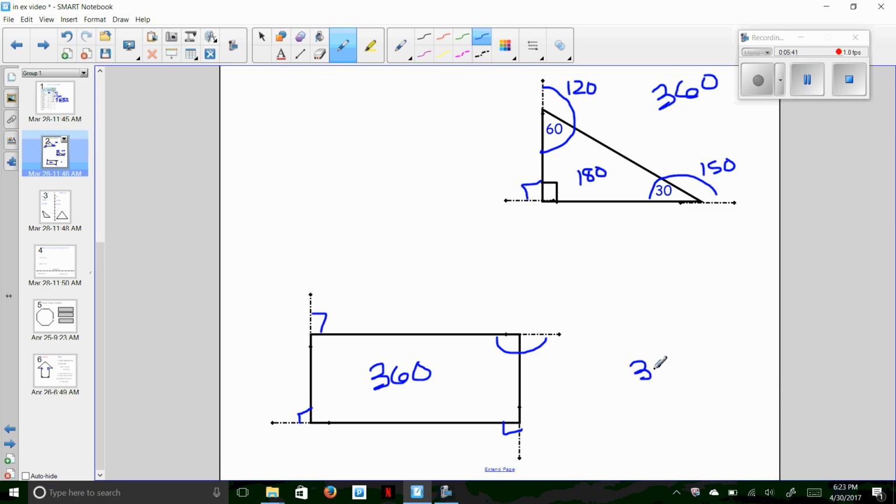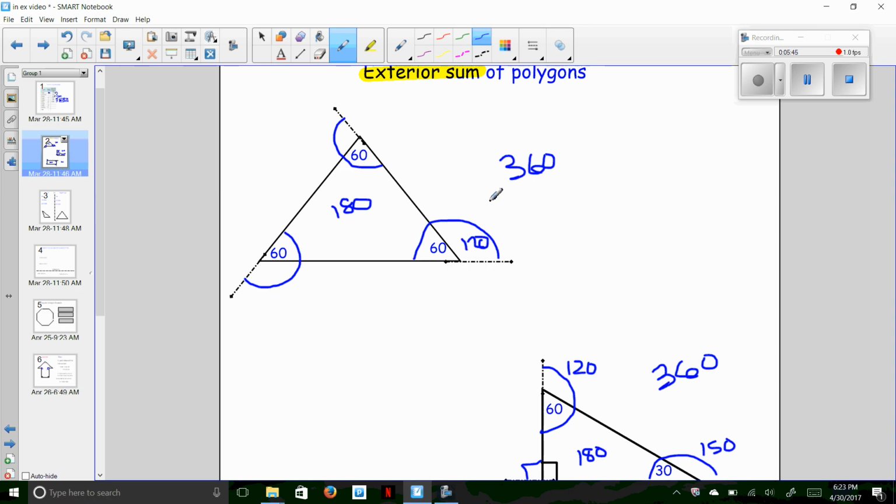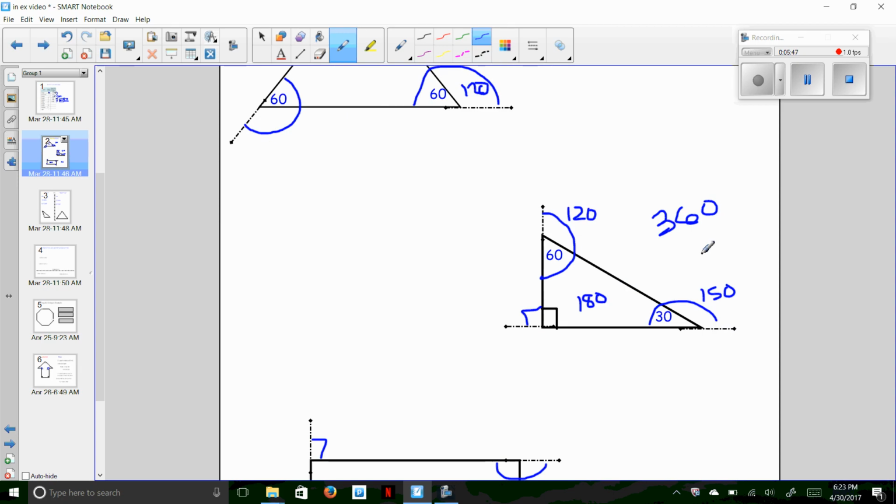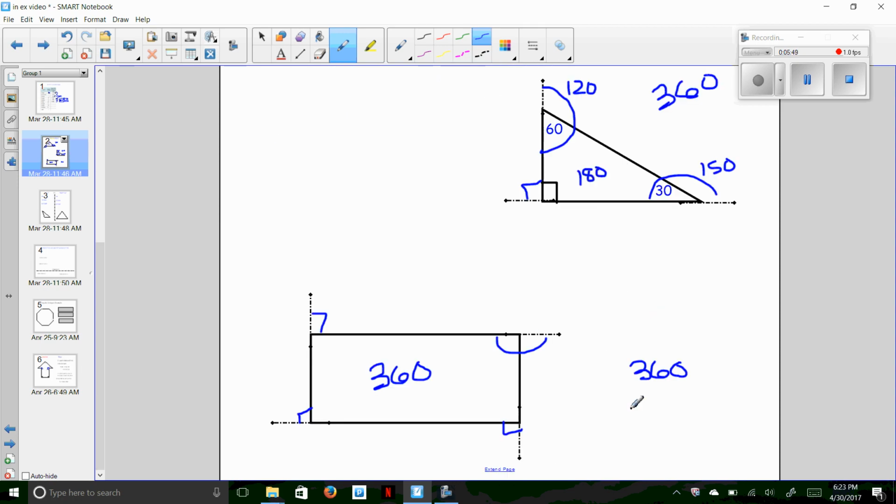The exterior sum is also 360. So our little pattern of doubling the interior doesn't work. But what you need to know is that there is no pattern. Every single polygon has an exterior sum of 360. Every single one. So there's no special formula. It's just a number you've got to remember.